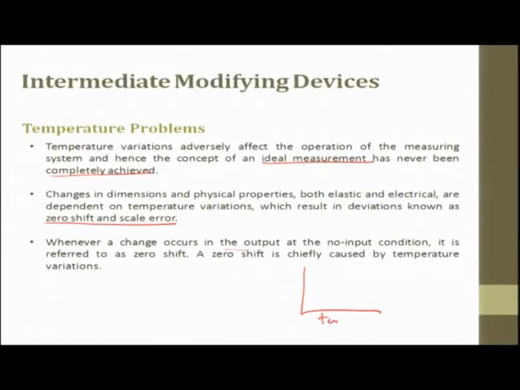Say, for example, with respect to drift voltage, when the temperature is 0, the drift voltage is here; when the temperature goes high, maybe 50 degrees Celsius, the drift voltage might go here. So there is a drift, maybe this is 0 volts and this is 5 volts. Zero drift is chiefly dependent on the temperature variation. We saw elastic deviation, we saw backlash deviation, and we are now seeing temperature-based problems for the drift.